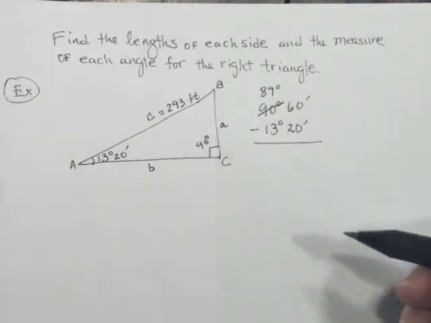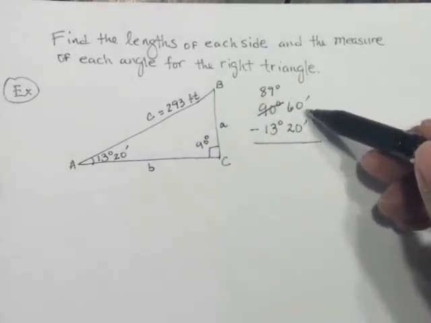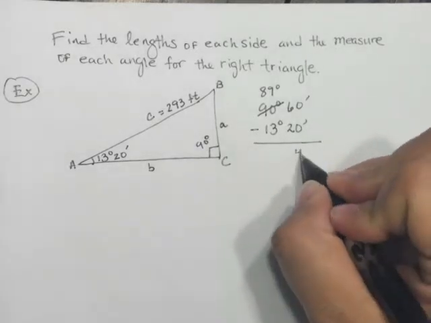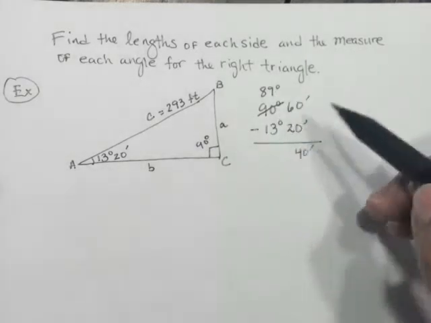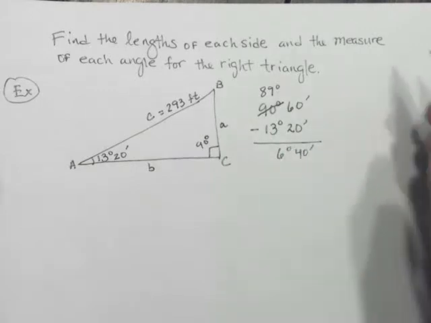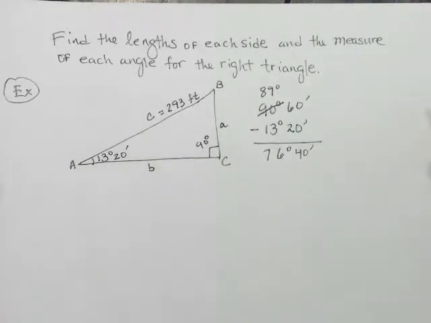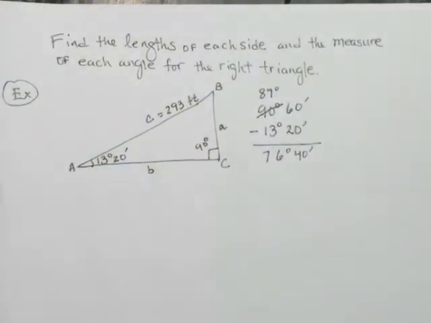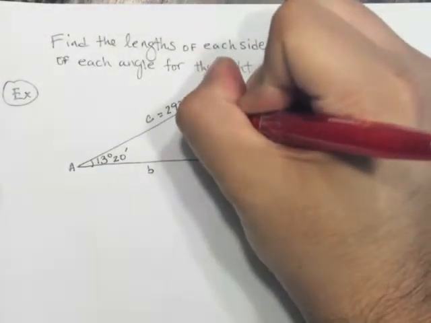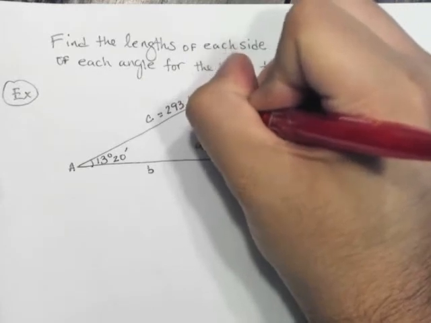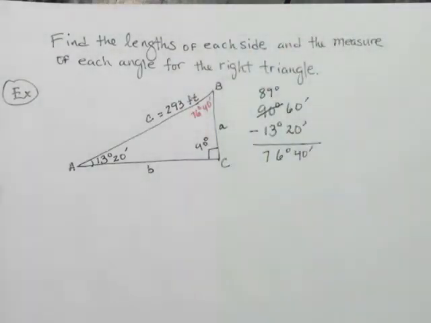And then I think we're in business. 60 minutes minus 20 minutes is 40 minutes. And then 9 minus 3, of course, is 6. 8 minus 1, 7. So we have calculated angle B to be 76 degrees, 40 minutes.